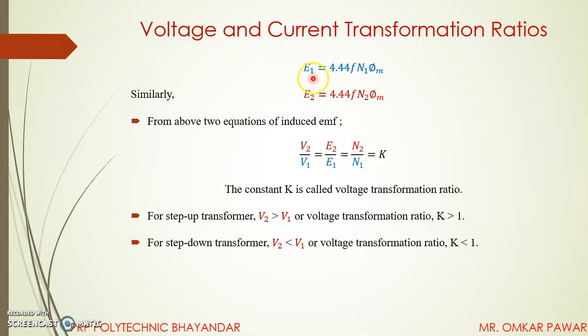Suppose this is equation 1 and this is equation 2. So equation 2 divided by equation 1 gives E2 by E1 is equal to 4.44 f N2 phi m divided by 4.44 f N1 phi m. Here 4.44 f phi m is the same constant value, so that will be cancelled. So we get E2 by E1 is equal to N2 by N1.